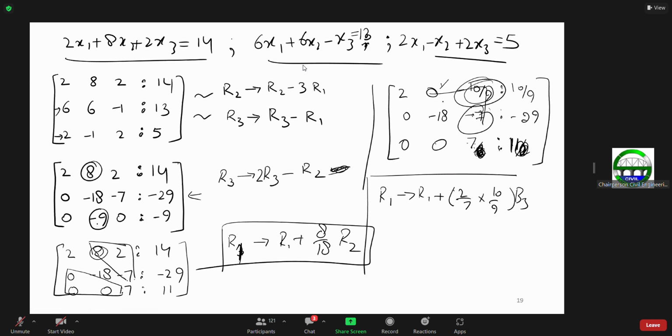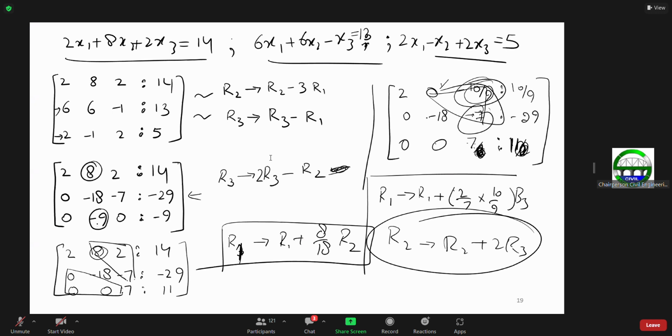After this one, R2 will be equal to R2 minus 2R3, so it will make this one equal to 0. Actually, the Gauss-Jordan method is a bit tricky. You have to be very conscious while you are using this method.